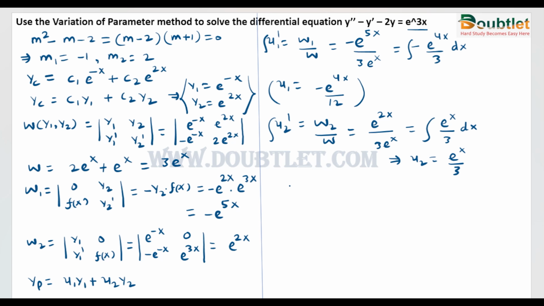Now to write the yp, we write u1, that is minus of e to the power 4x divided by 12 multiplied by y1, that is e to the power minus x, plus u2, that is e to the power x divided by 3 multiplied by e to the power 2x.